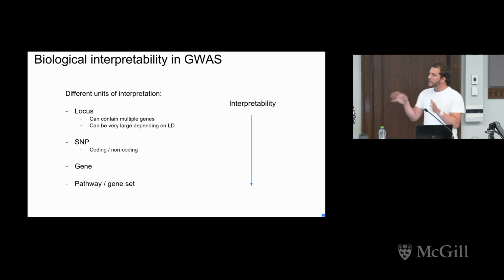And then the nicest level of interpretability, I think, is when you go to pathways or gene sets where some genes converge in a broader biological function, and this is even easier to interpret. But going from locus to SNP and gene and pathway and gene set takes some work and also some background knowledge from the biology in these loci and of these genes.